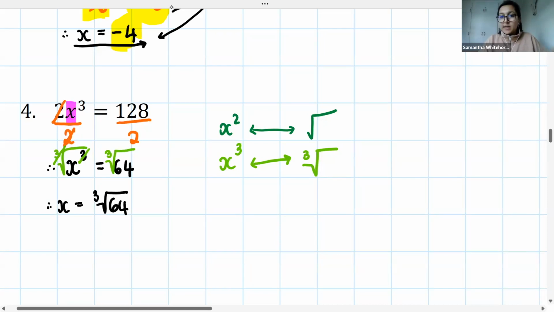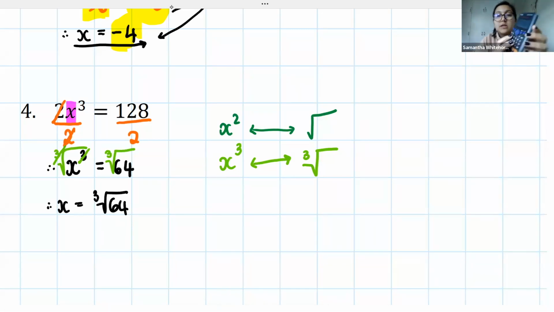Now, guys, just quickly, if you don't know where the cube root is on your calculator, I'm hoping we can all see this. My calculator is quite dirty, but just pretend it's fine. If you have a look above the square root button, you can see there's a little root with the 3 in front of it. That's a cube root. So what you're going to want to do is press shift, and then that button.